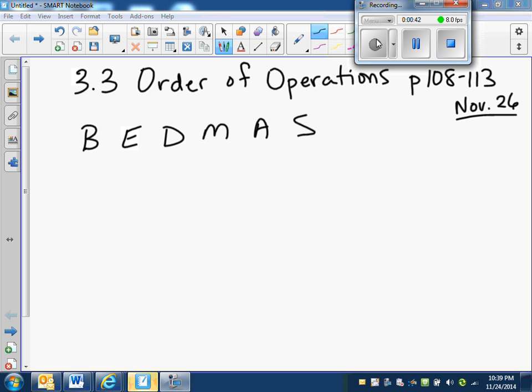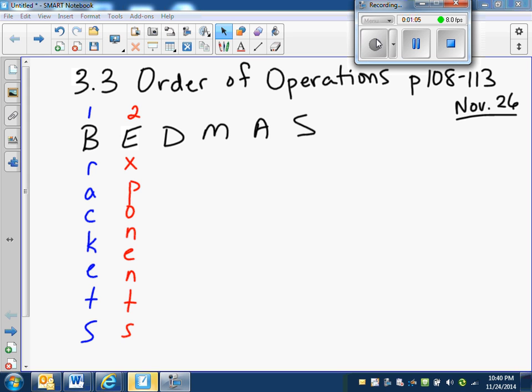BEDMAS. And in BEDMAS, we do brackets first. And then we do the exponents second in an expression. And then we do divide and multiply, as you move from left to right in an expression, third.